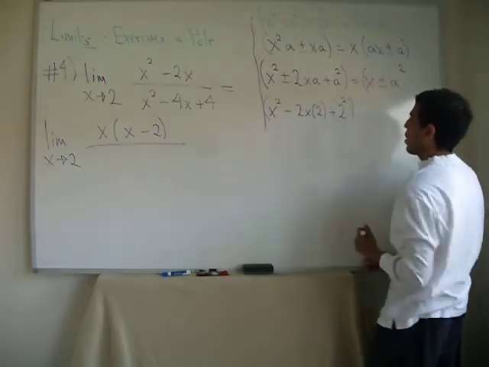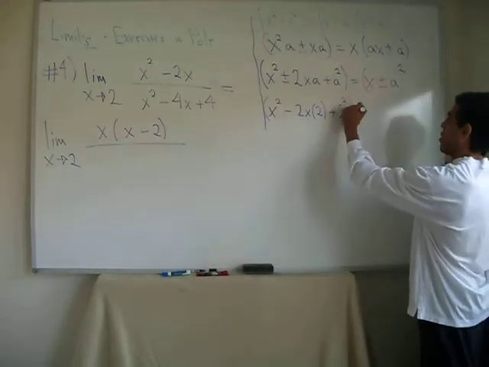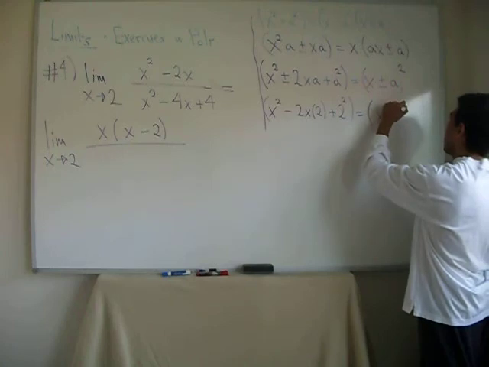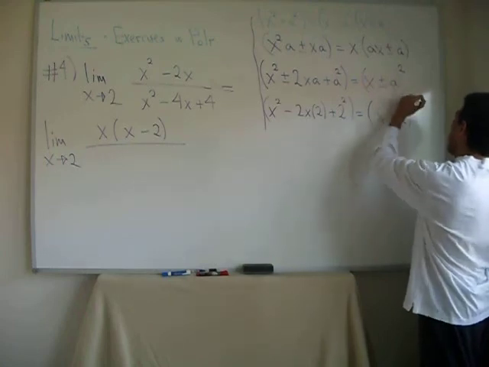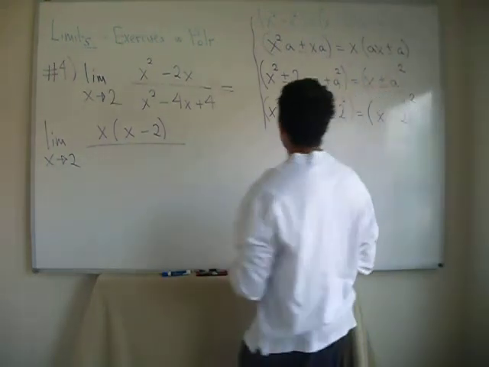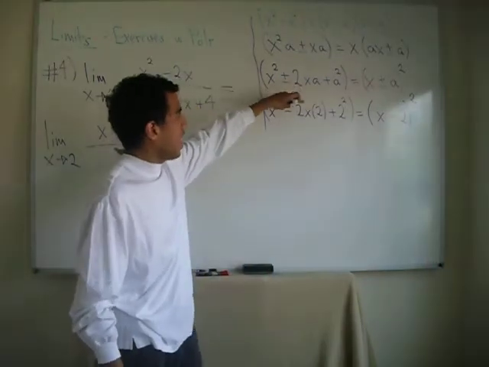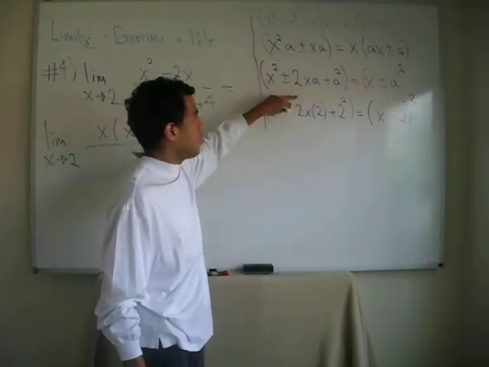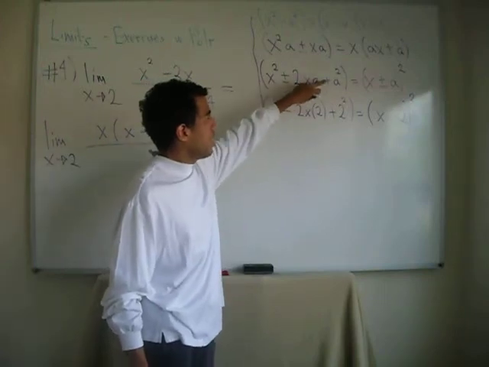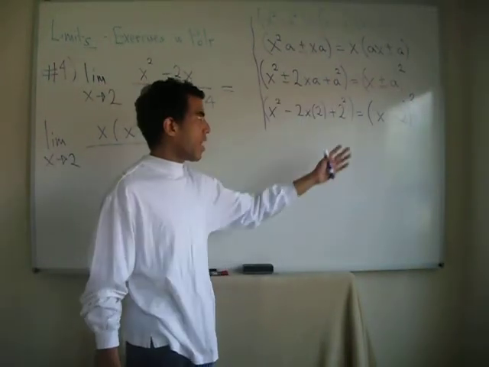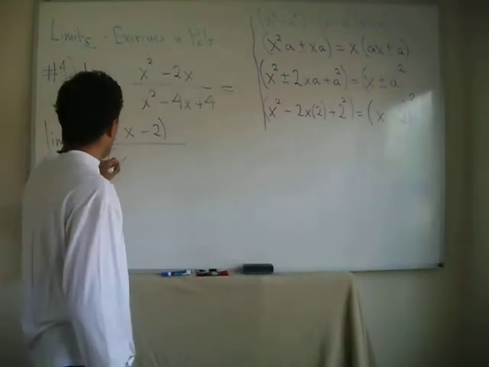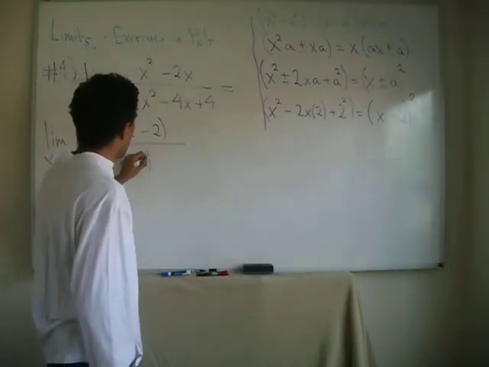And this can be re-expressed or rearranged as x minus 2 squared. Okay, see? In this case, a is 2. x squared minus 2 x a, plus a squared. So it can be rearranged as x minus 2 squared.